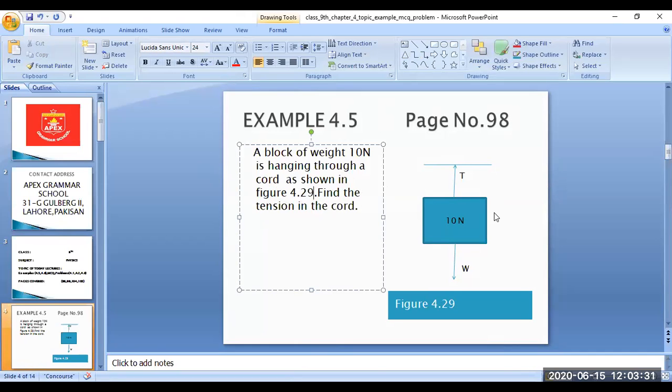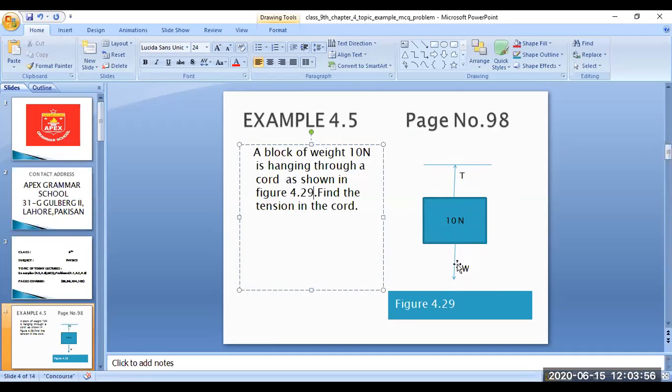This is the block whose weight is 10 Newton, and it is tied up with a rope, which is acting with tension in the upward direction, and it is supported with some support. The weight of the block is acting downward. You know the weight always acts downward.